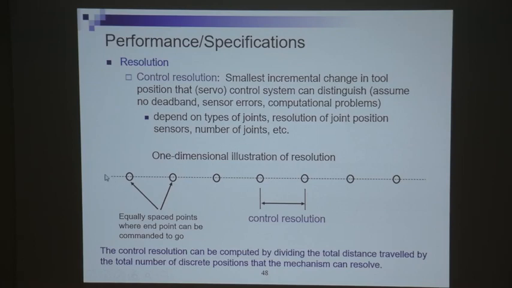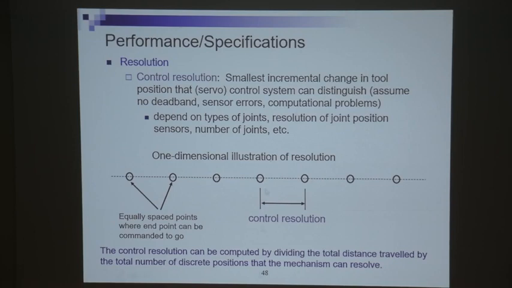For example, in this single illustration, the robot can point at this point, then move to another point, a third point, and so on. These are all equally spaced points. Between these two points is known as the control resolution, the smallest incremental change in tool position, the tool position that's held by your end effector.